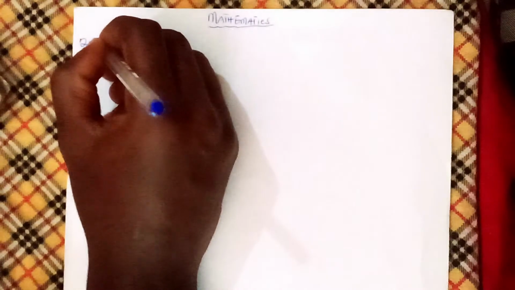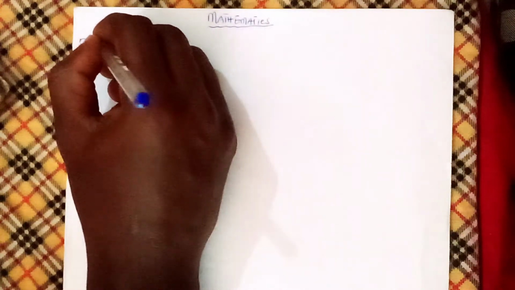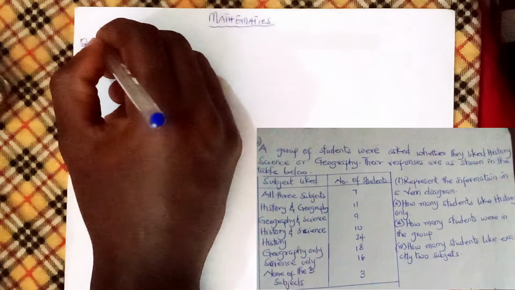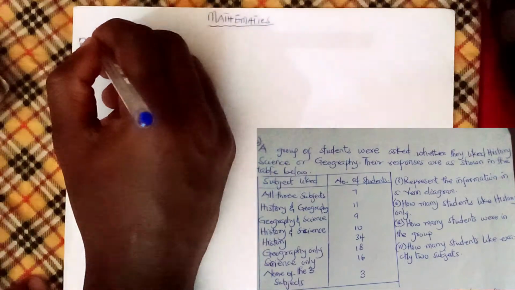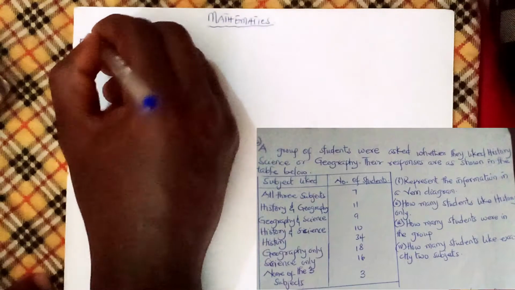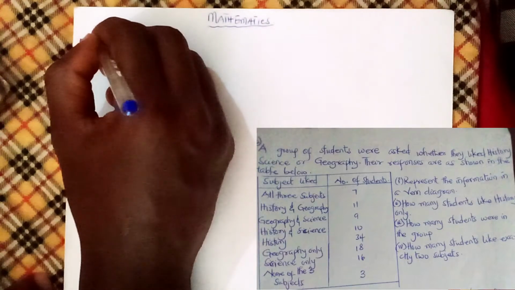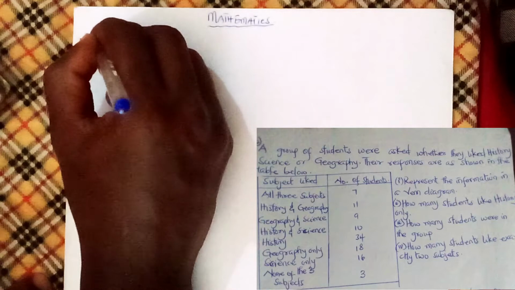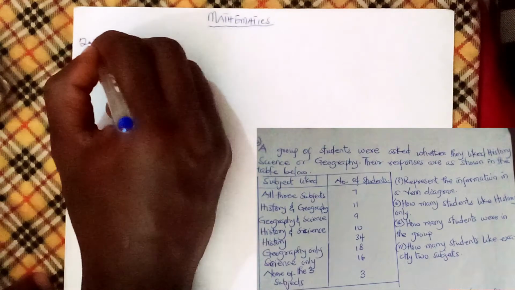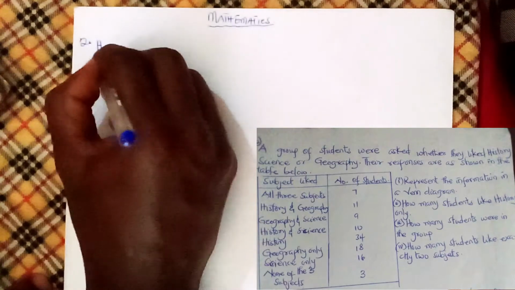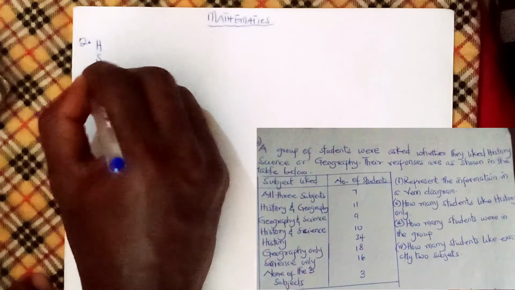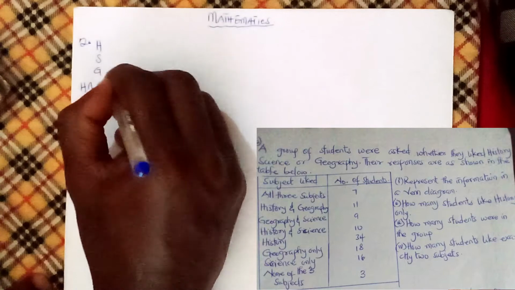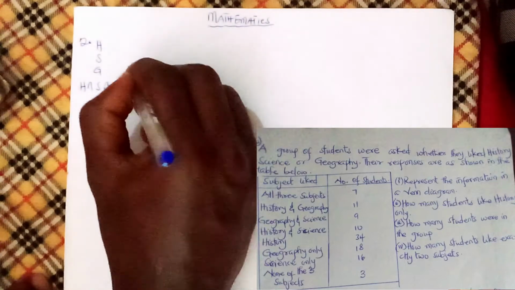Question 2. Let's first list our data down. We have the students. Let's represent the data. So we have students that study history, let's represent it by H, science S, and geography J. We have all three, that's H intersection S intersection J, equal to 7.